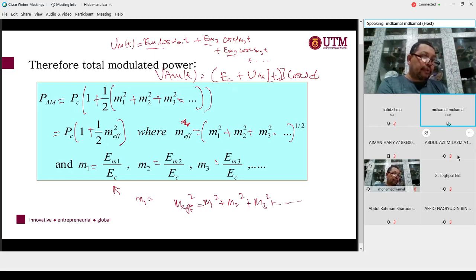When you want to find M effective, you just take the square root. This is what we call a signal that has complex frequency.